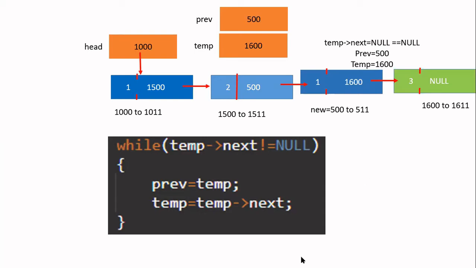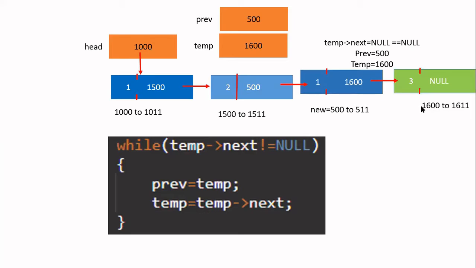So now when I come outside this loop, my temp will be having value 1600.